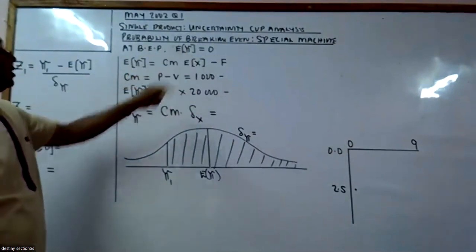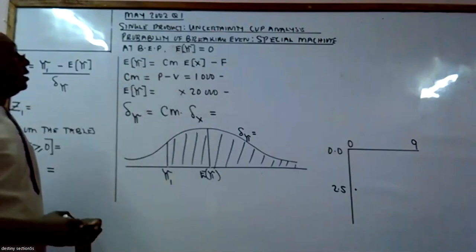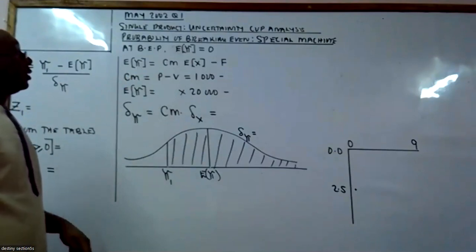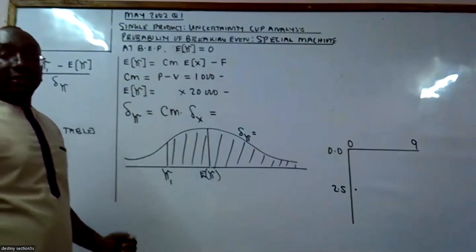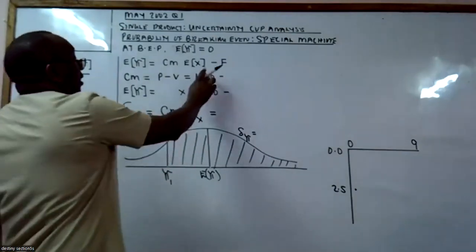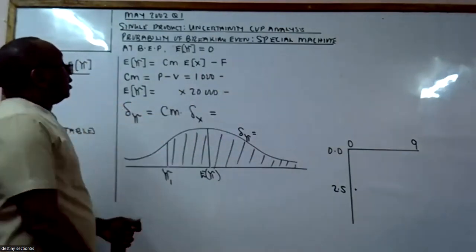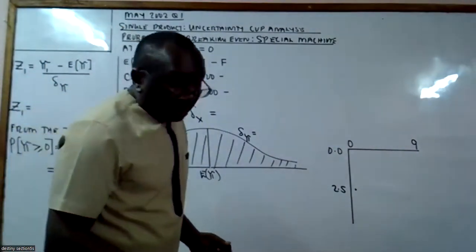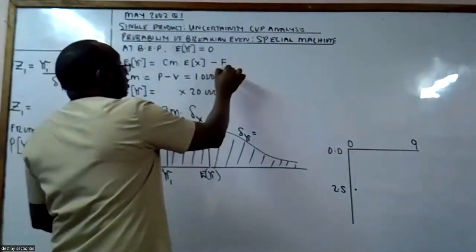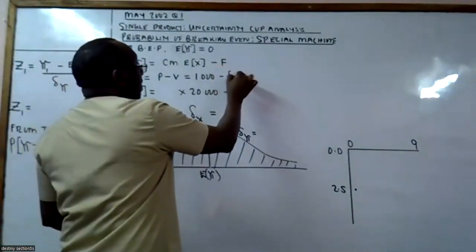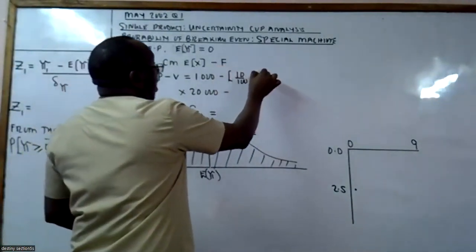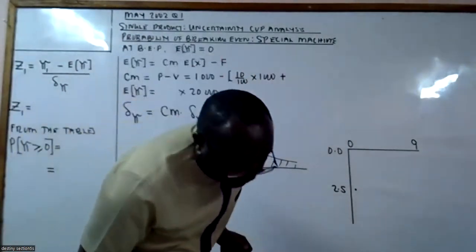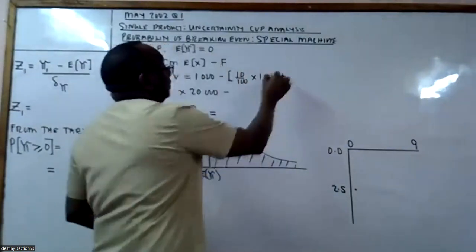Expected profit is given as contribution margin multiplied by expected units minus F. So in this case, the selling price remains 1,000, but the variable costs will now be 10% of the 1,000 and not 400 now, but 250.